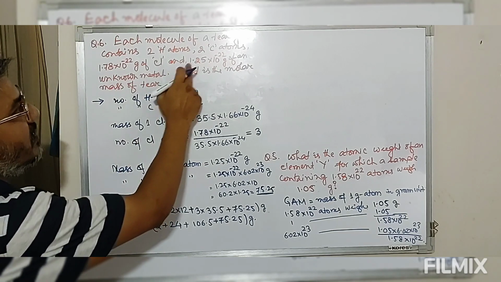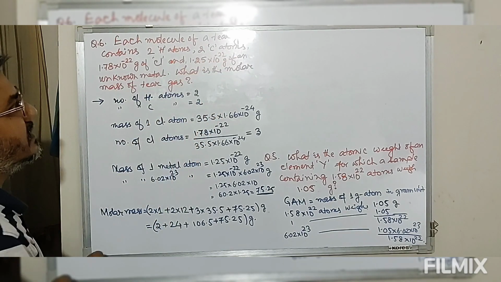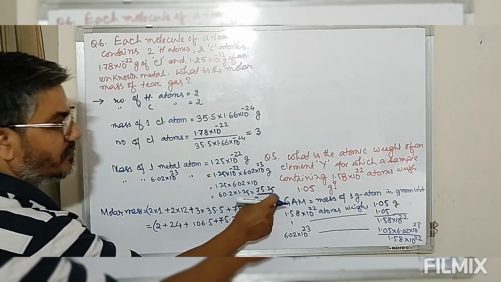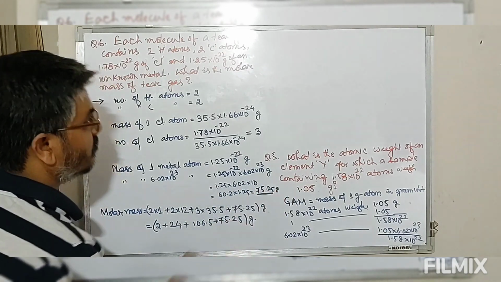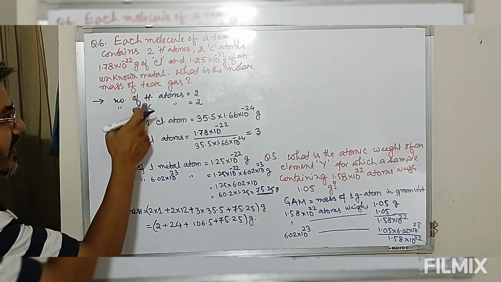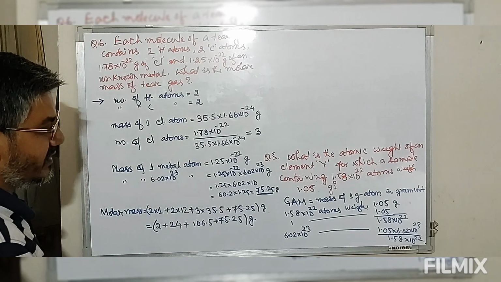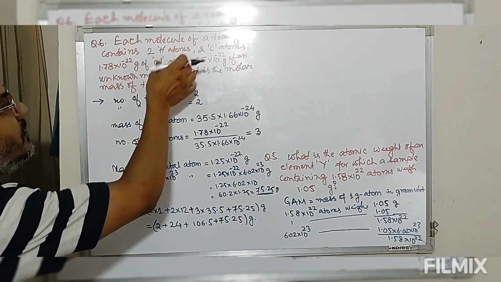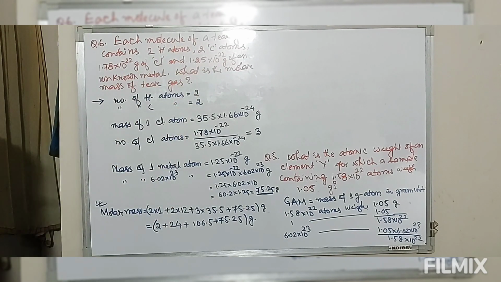Similarly, look at this, the mass of one atom of metal is given as this. Then what is the mass of the Avogadro number? That is the gram atomic mass. So once we have this number of carbon, hydrogen, chlorine and the atomic mass of metal, we find the molar mass. So this is the molar mass of the compound known as tear gas.